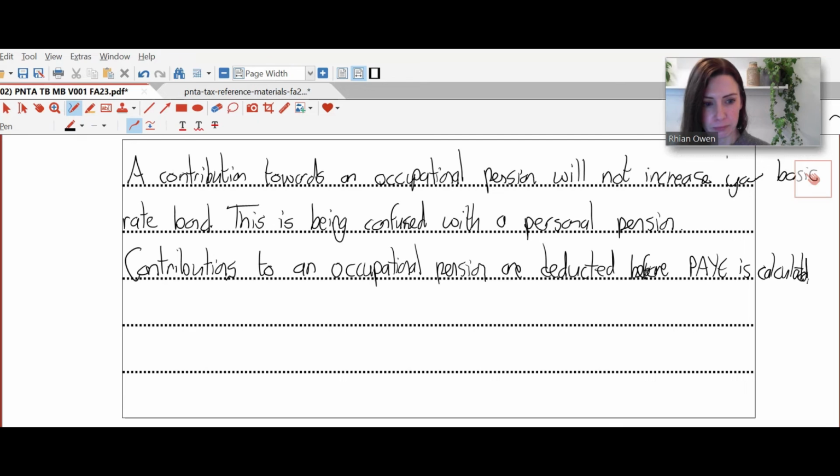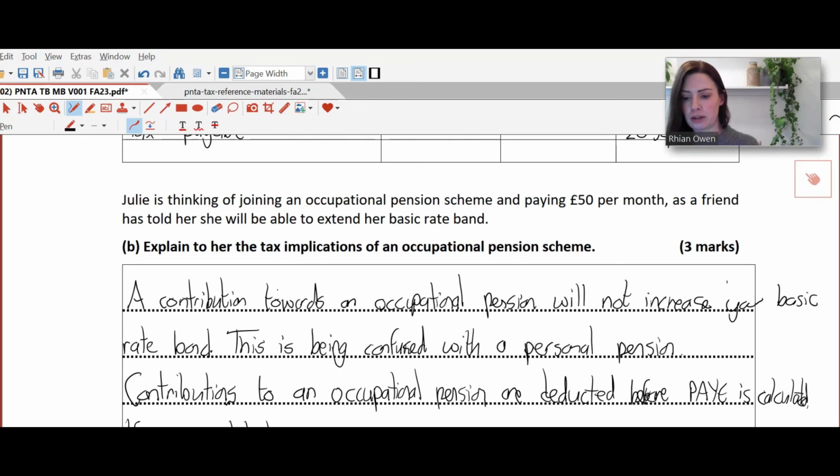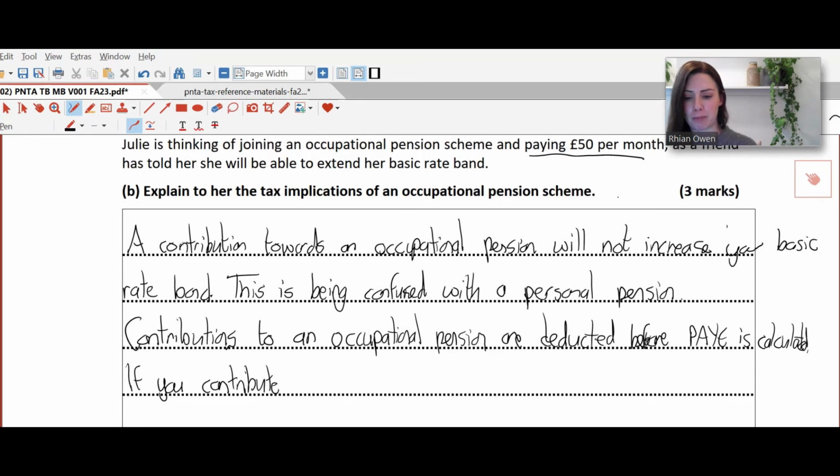So she was talking about paying £50 per month.